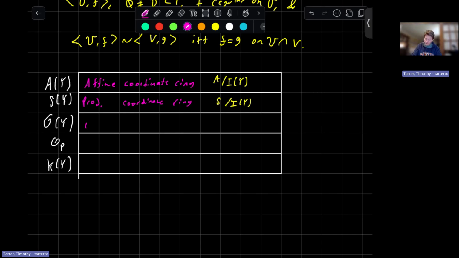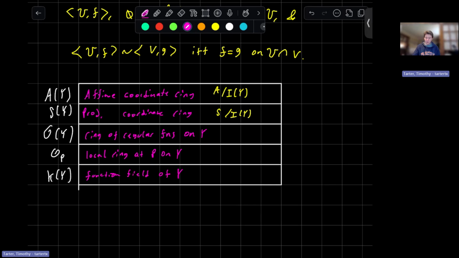This is the ring of regular functions on Y. This is the local ring at P on Y. This is the function field of Y. So yeah, this is a pretty helpful chart.